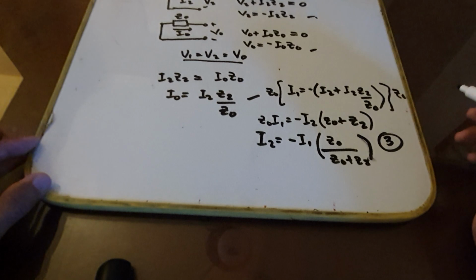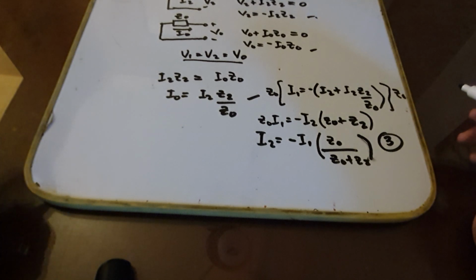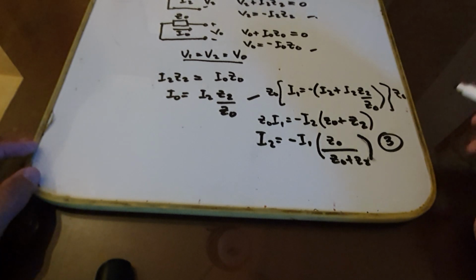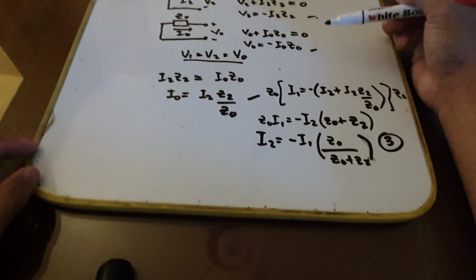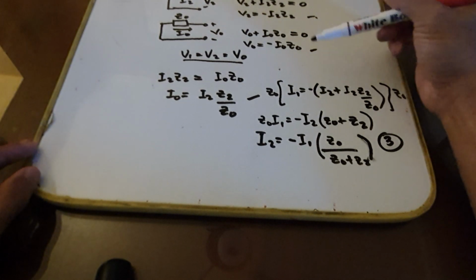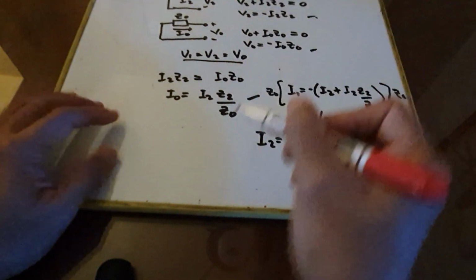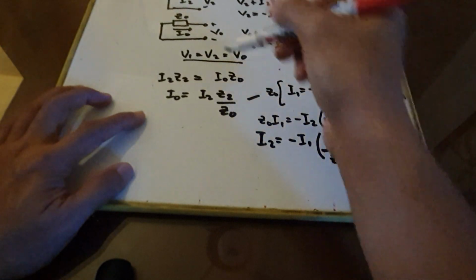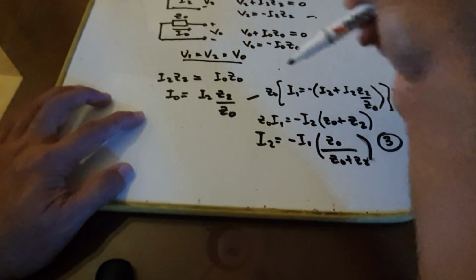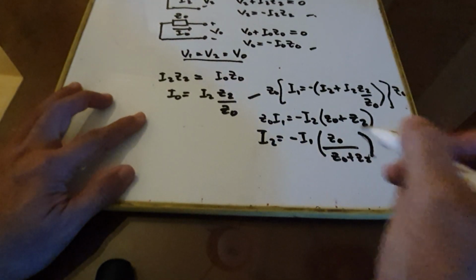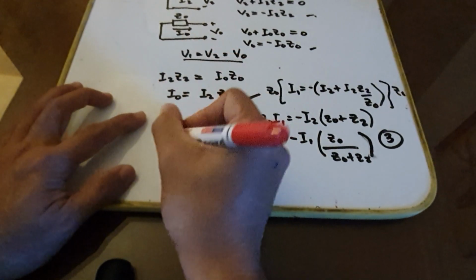How about the I0? For the I0, we have the formula here. Okay, this one. So the I0 is this one, in terms of I1, so we will use this formula.